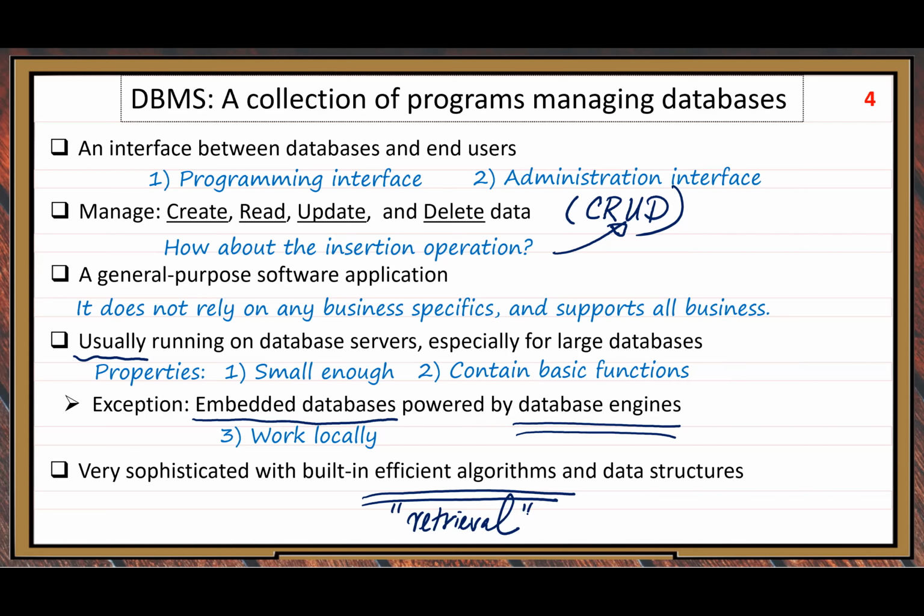Then we will talk about the algorithms, how to make those operations very efficient. Efficiency is especially important when we work on a large amount of data. Our database could be in gigabytes. When you have such large databases, how do you make retrieval very efficient?